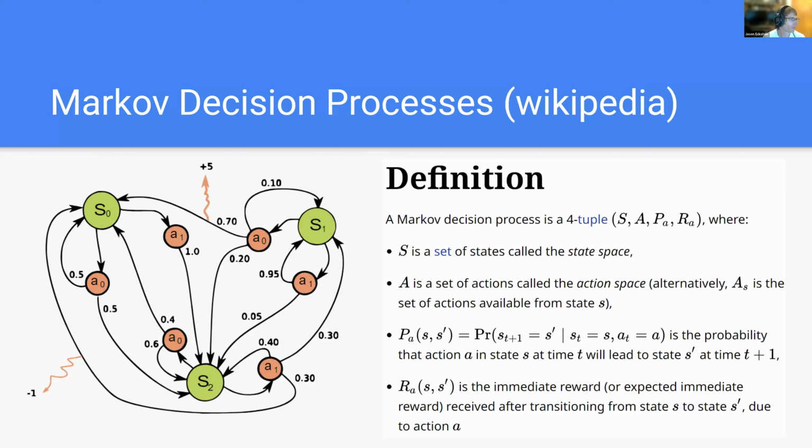This is a diagram from Wikipedia on a Markov decision process. It looks a little different than the diagrams I just showed, but the idea is the same. The point of this diagram is that it summarizes the entire MDP, meaning there are 3 states here, and these arrows show all of the possible transitions in the problem.